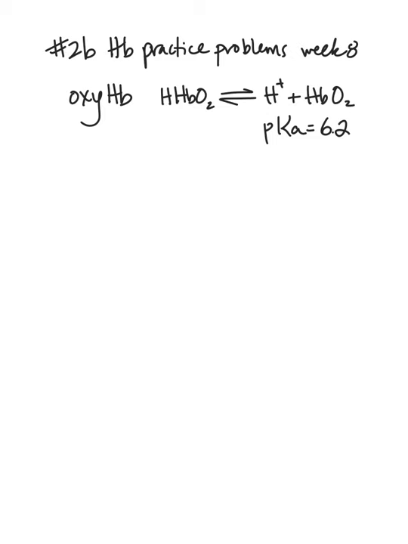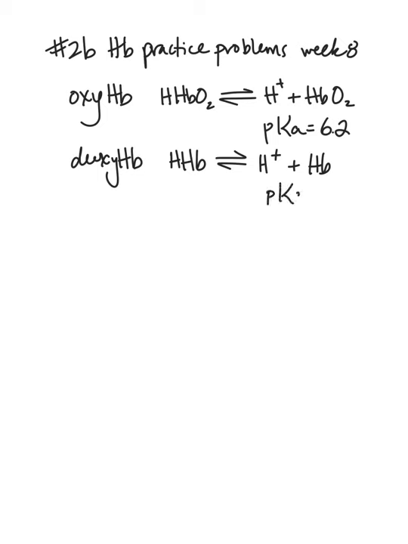And then for deoxyhemoglobin, we're also looking at a single residue where you have protonation, and that comes off in a characteristic way described by its pKa, which is 7.7. So different pKa's for the deoxy and oxyhemoglobin.